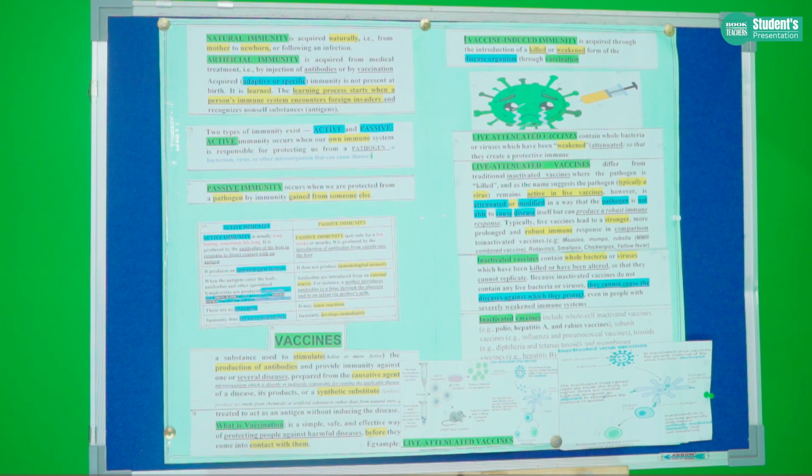Now further we'll see active immunity and passive immunity. That is, active immunity is usually long lasting होती है. Passive immunity lasts only for several weeks. Thereafter antibodies of the host in response to the direct contact with their antigen.